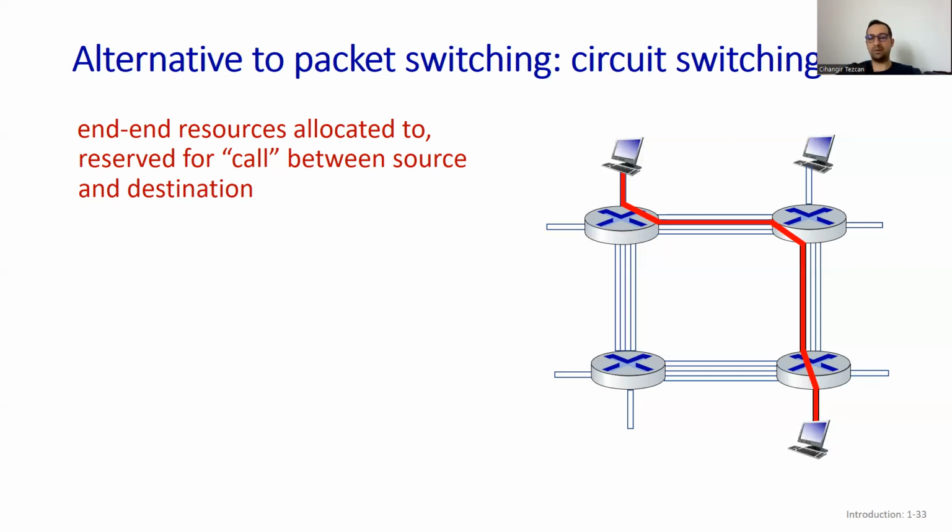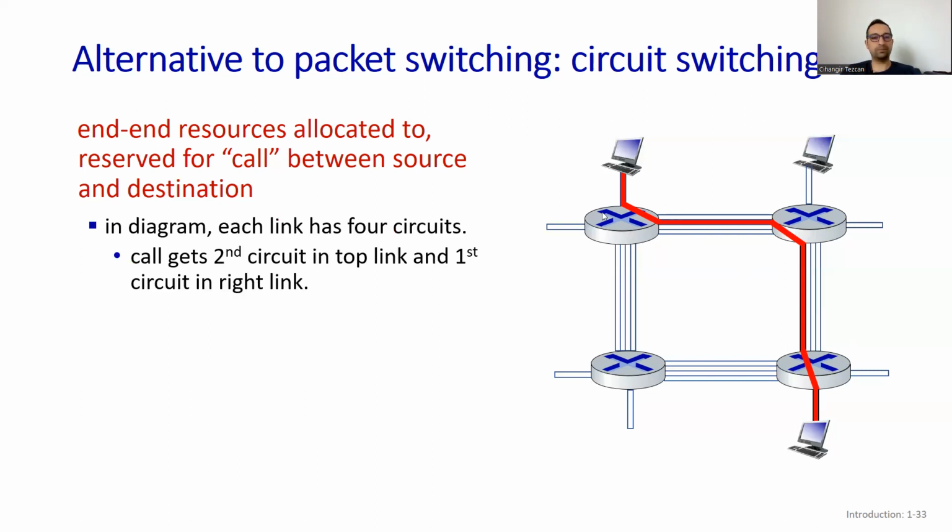This is the main difference between a WhatsApp call and a GSM call, because one of them is circuit switching, where you reserve the circuit for them so that the transmission rate is fixed and you can send and receive data using that circuit. Okay, so end-to-end resources are allocated to, reserved for a call between source and destination.